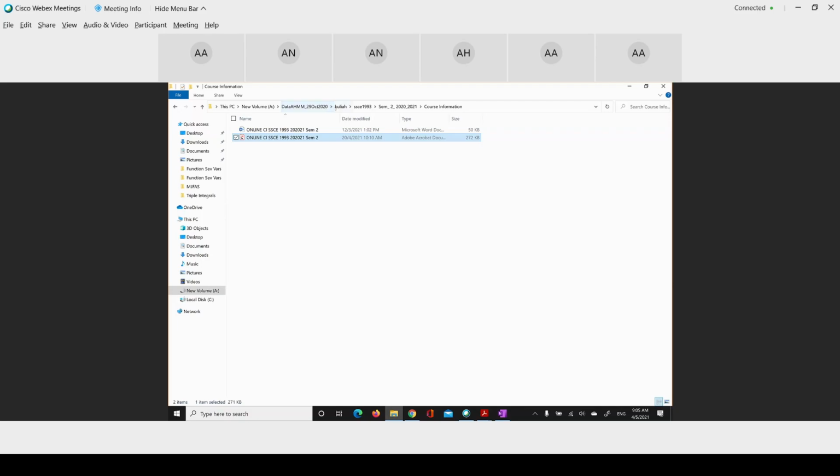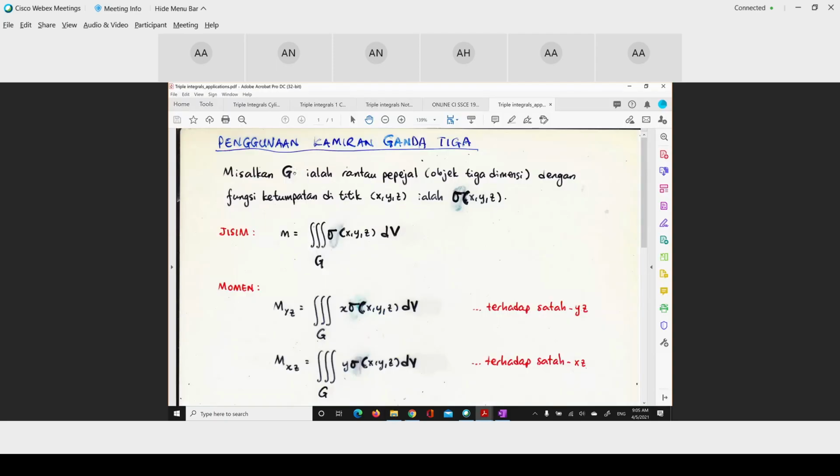Okay, where is that topic on mass? Triple integrals, applications. Oh yeah. So recall this formula.